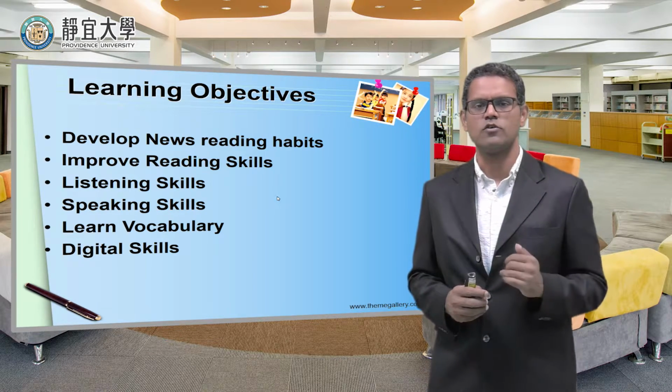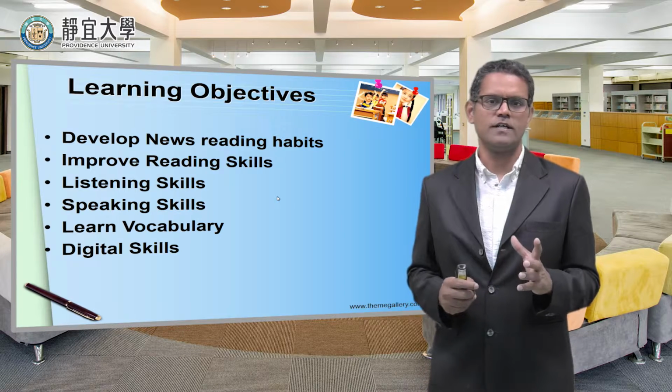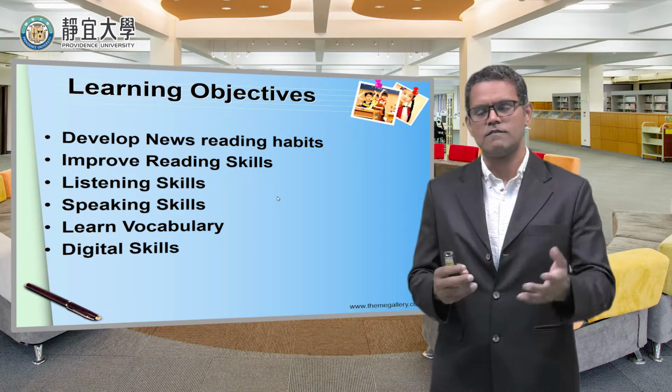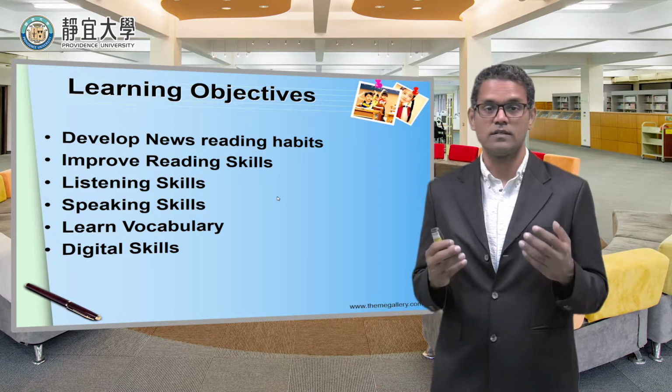And the learning objectives of this course, I'll just quickly go through them. The first one is about developing news reading skills. You have to have a habit of reading news. There is a lot of news on the internet, online, in newspapers, and you even watch news on TV.